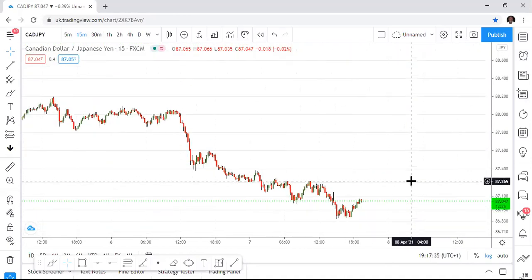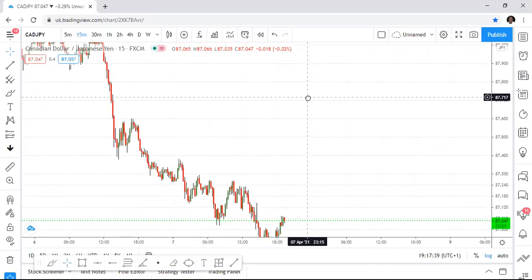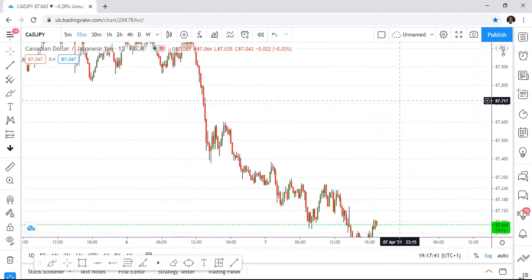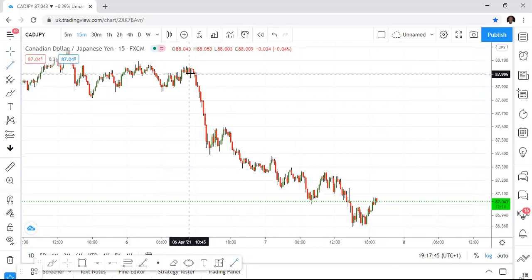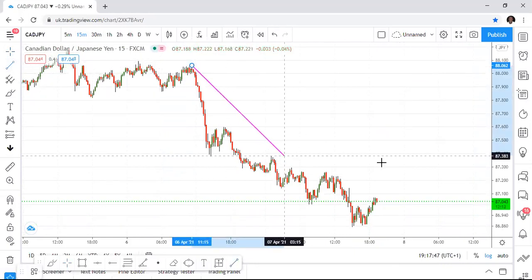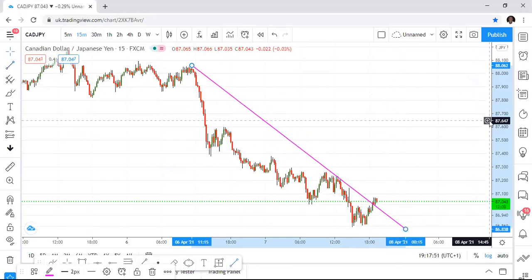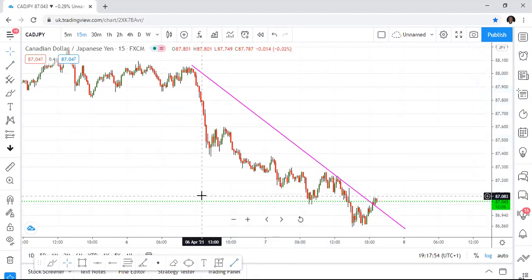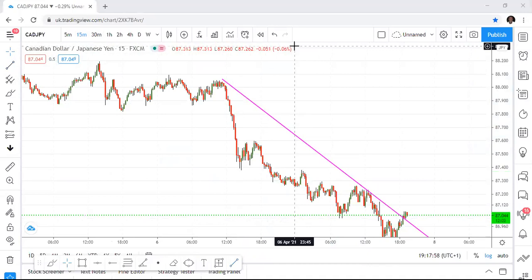If you look at the 15 minutes time frame, it is telling you that the market is on a downtrend. If I use my trend line and do this, you can see that the market is on a downtrend on a lower time frame.